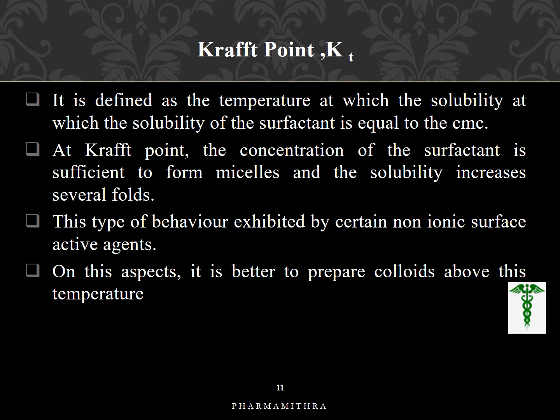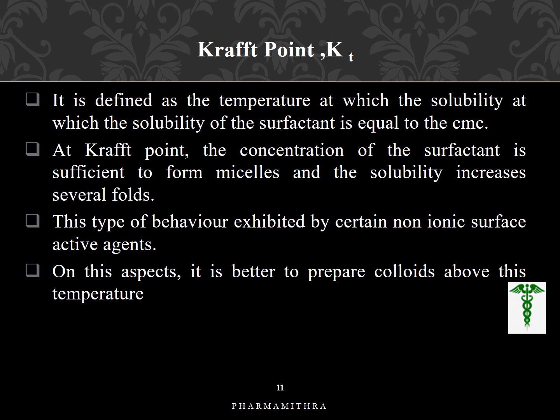Next question is about what is Kraft point. Kraft point means it is a temperature at which the solubility of the surfactant is equal to the CMC. When the temperature reaches the point at which the solubility of the surfactant becomes equal to the CMC, the concentration of surfactant will be such that micelles form. If micelles form like that, the solubility increases several fold.